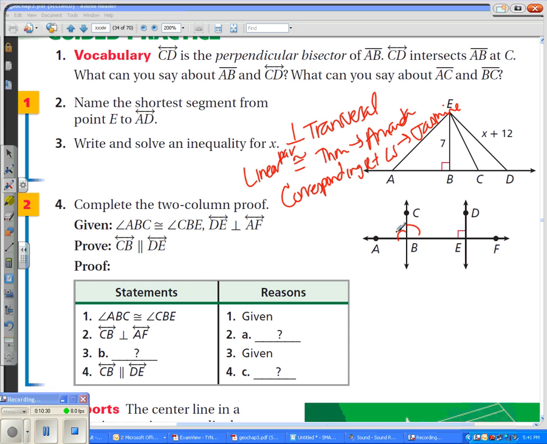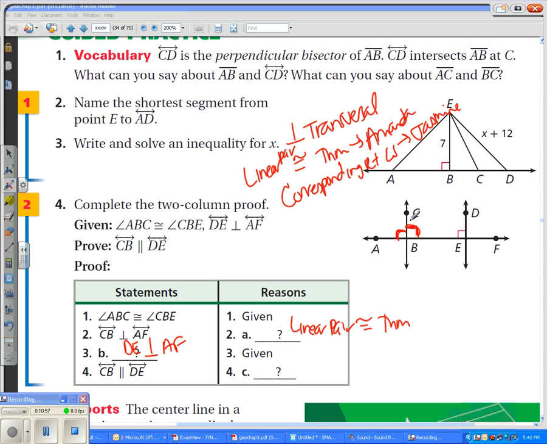Because if you think about it, this is a linear pair, and that means that they add up to be 180 degrees. And if these two are congruent, that means that these both have to be right angles. And that one is not perpendicular transversal, it's the linear pair congruency theorem, because we have a linear pair and each angle is congruent. So this one would be linear pair congruency theorem.